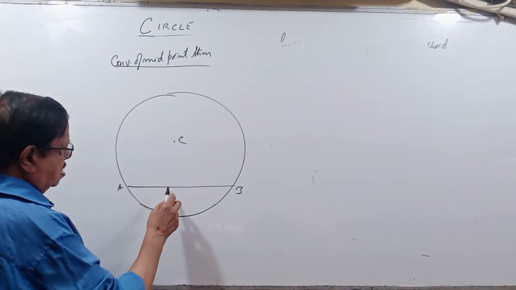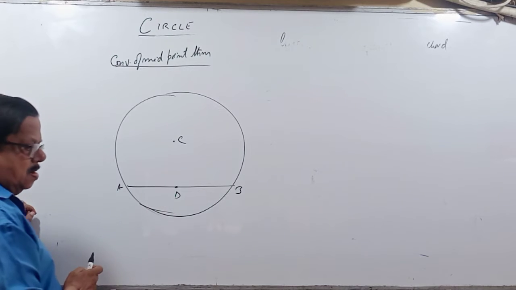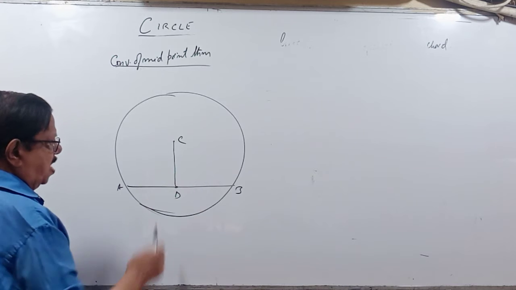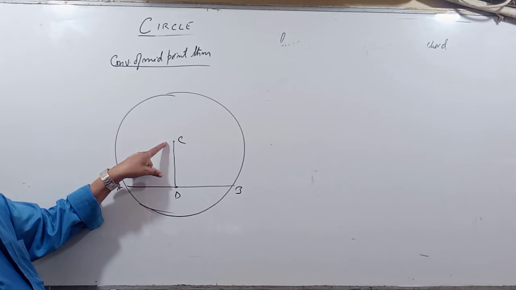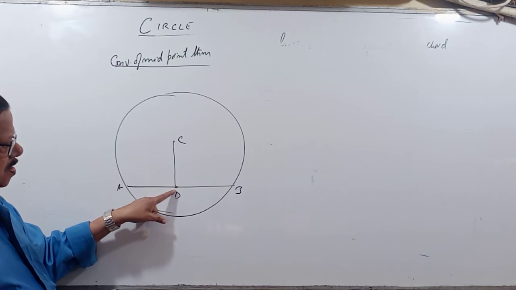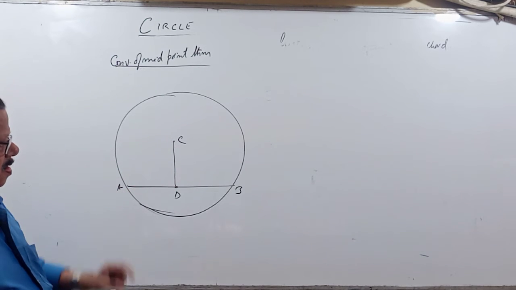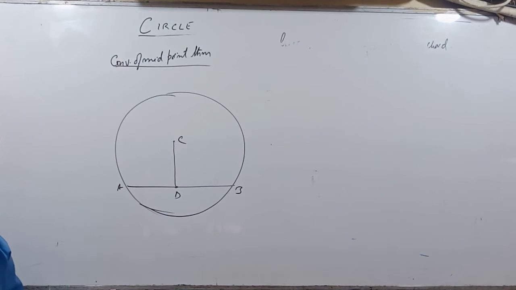Let us draw a midpoint here, D is the midpoint of the chord. If I join CD, we have to prove that this angle will be 90 degrees. So what is given? C is the center, AB is the chord, D is the midpoint of the chord. If I join the center to the midpoint of the chord, it will be perpendicular to the chord. Converse, reverse statement of the previous one.